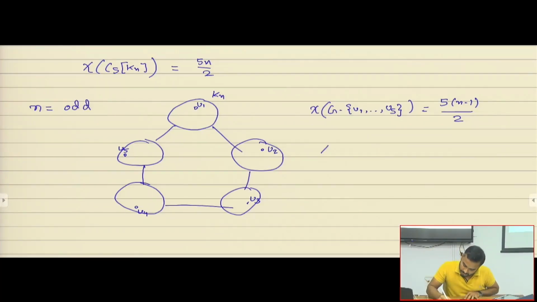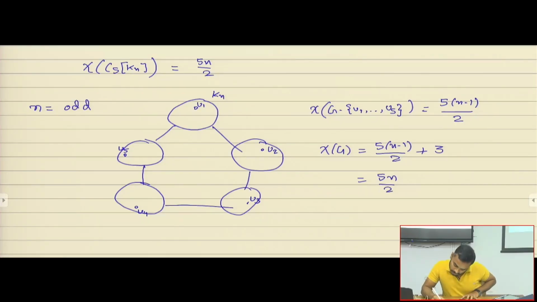So basically that means chi of G is equal to 5 times (n minus 1) by 2 plus 3 new colors. So what will this be? This will be 5n by 2 plus 1 plus half, that means we can say chi of G is equal to the ceiling of 5n by 2.